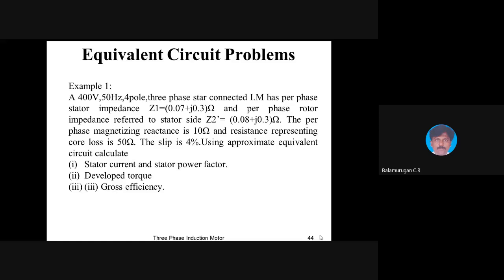So RC will be, core loss component will be 50 ohm. And again here you can substitute. So 230.94 angle 0 degree divided by 50 plus j10. And you tell the value for I naught.